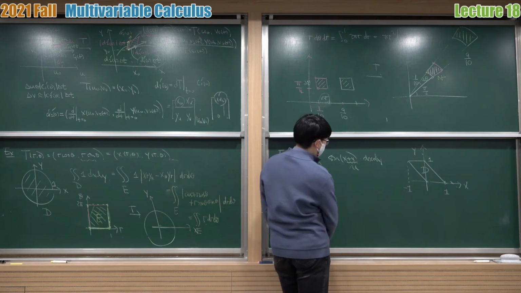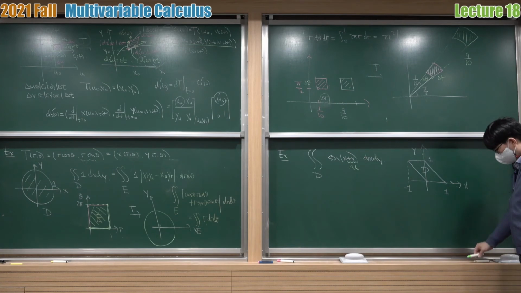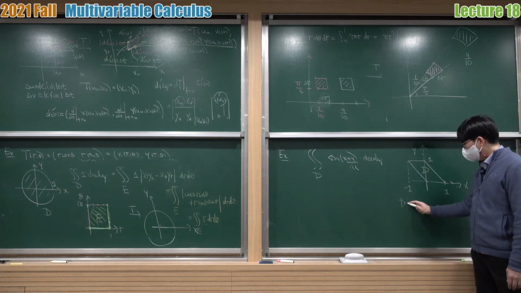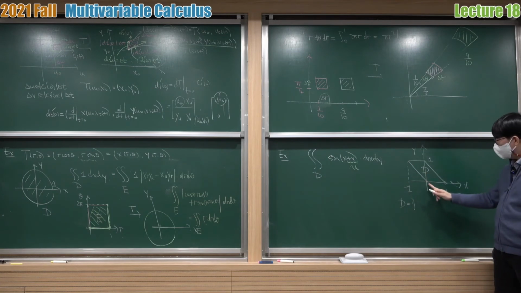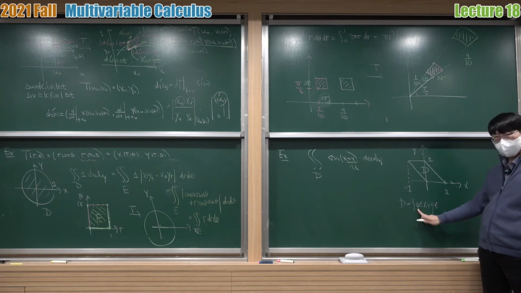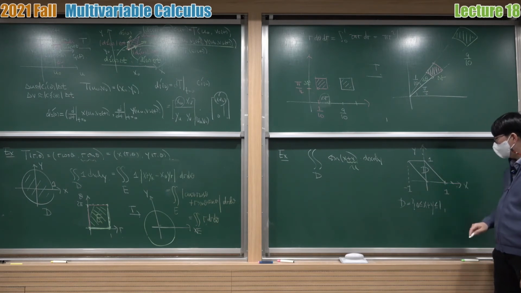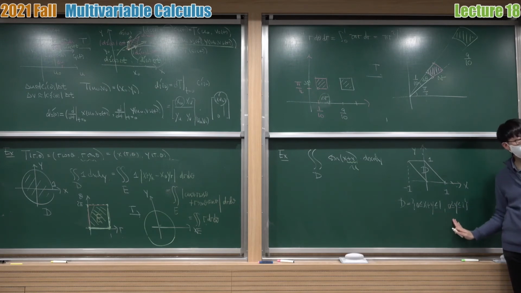And let's look at the domain D. So it seems like D is expressed by two inequalities, that x plus y is bigger than 0 but less than 1, and y is bigger than 0 and less than 1. So if your x comma y satisfies these two inequalities, then you always fall into this domain D.